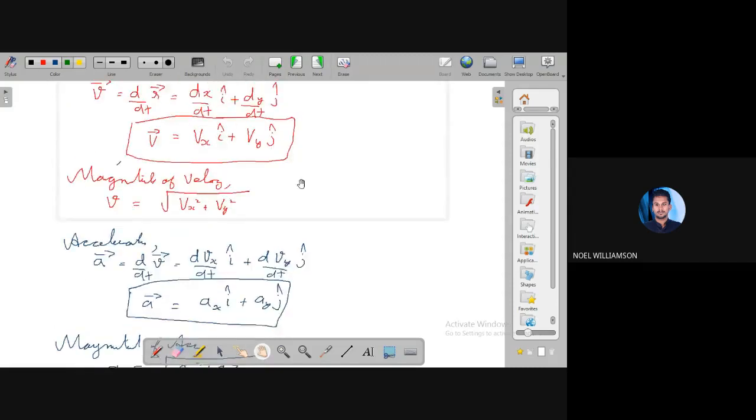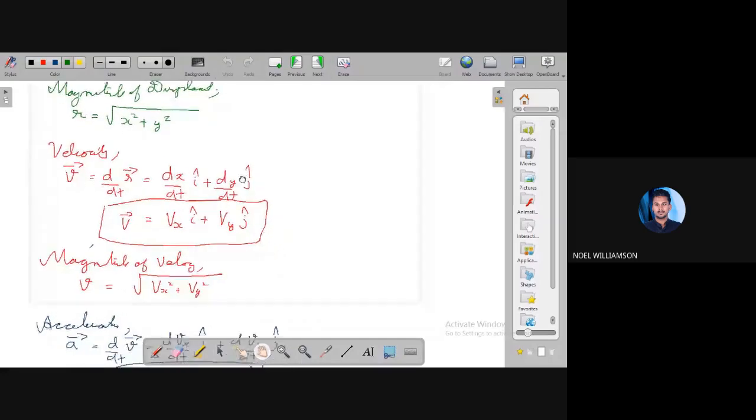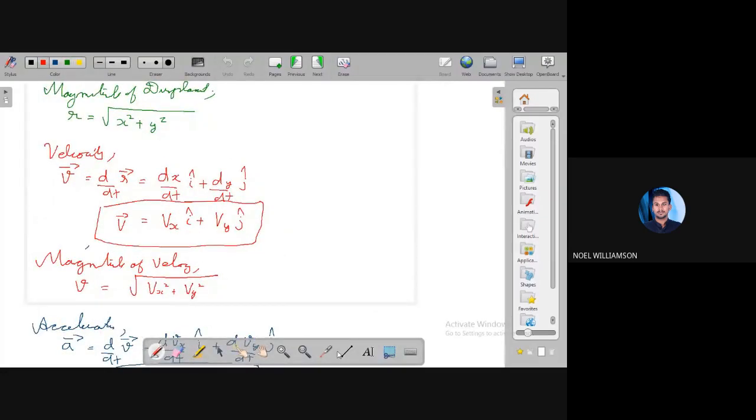Now for the direction, for each term there is a direction. For velocity, the velocity has two components, vx and vy. Let us assume they are in these particular directions.